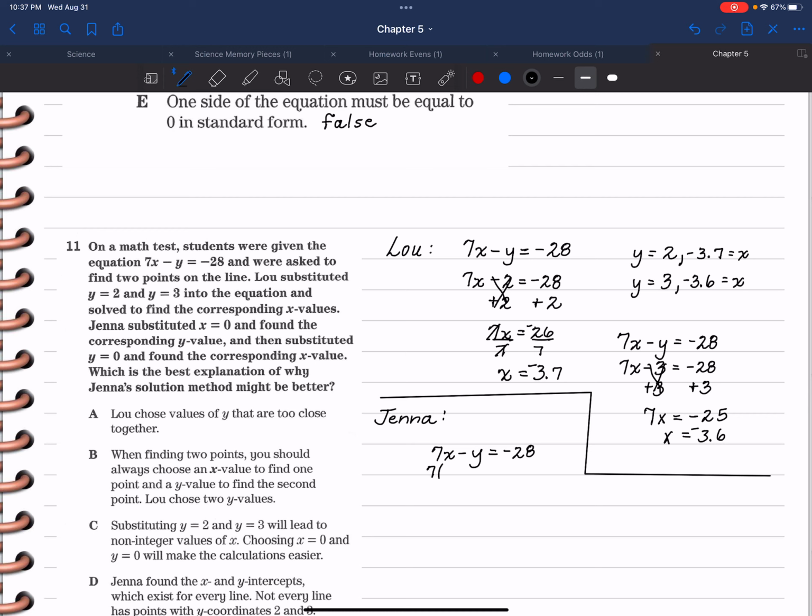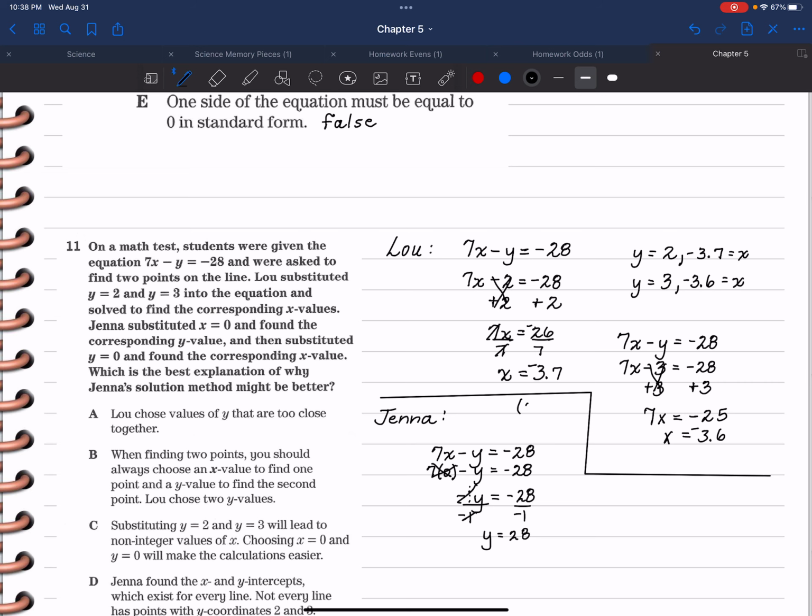So Jenna said when x is 0, y is positive 28.